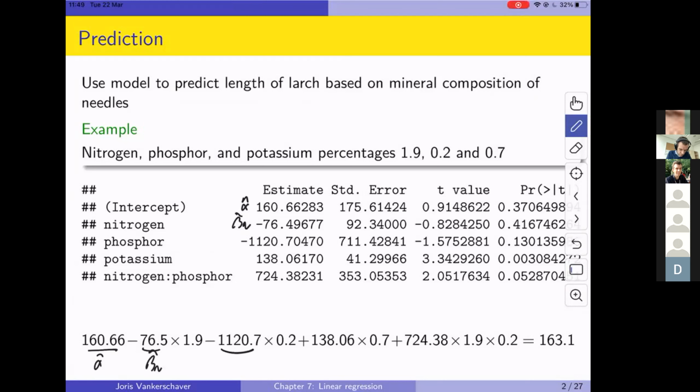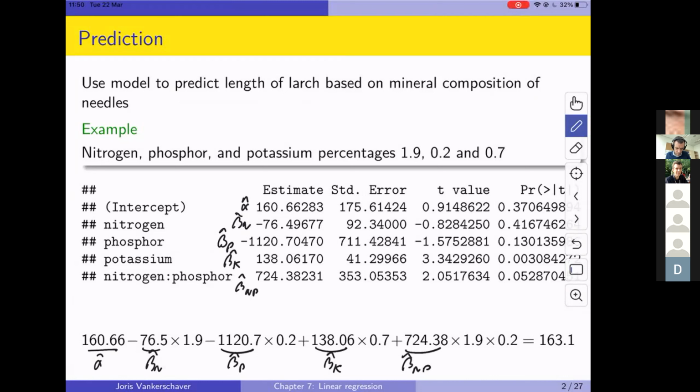We have beta phosphorus. And we have beta potassium here. And we have the interaction term, beta nitrogen phosphor, here.